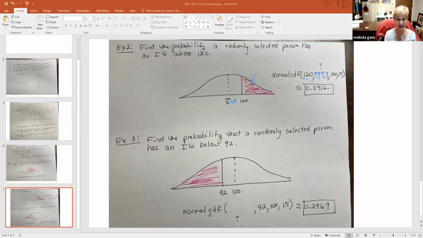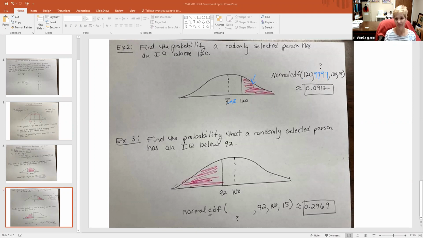I just use a bunch of 9s all the time. Now, if it were weights of 18-wheelers, I might need some more 9s because they weigh thousands and thousands of pounds. And then I wrote down my mean and my standard deviation, and I rounded to 4 places, and I got 0.0912. Okay, so a ridiculously big number when you're missing your right endpoint.